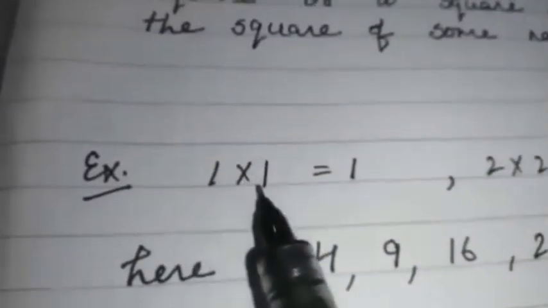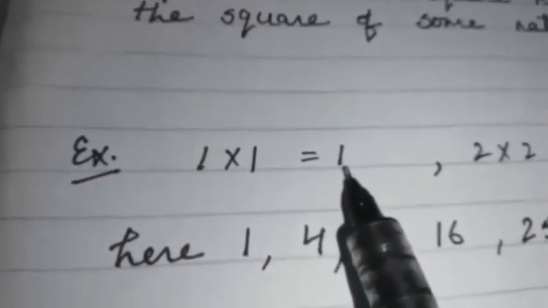Let's take some examples. You all know 1 is a natural number. When we multiply 1 and 1, we again get 1. So you multiply two natural numbers and get another natural number, and it is a perfect square.